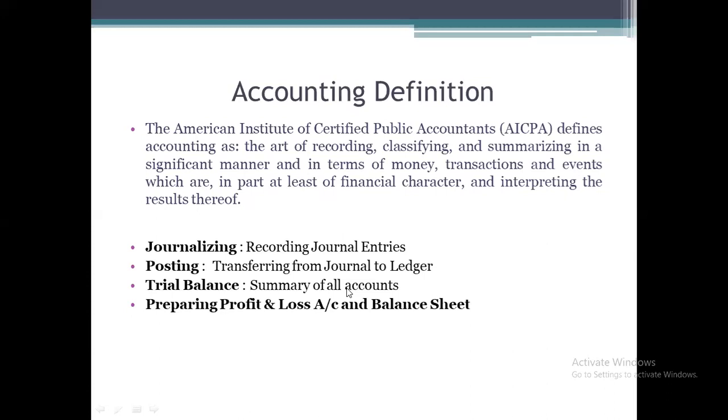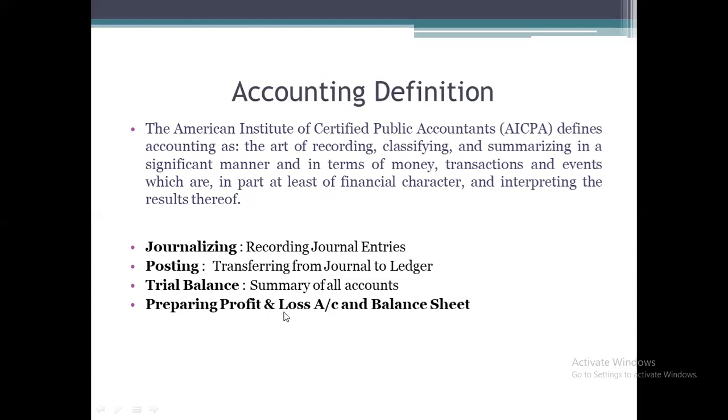No, right? Absolutely. Everybody agreeing to that? No, because it is just a summary. It is telling me what the ending balances are. So I don't have anything there to talk about. So in order to know the financial statement, or the profitability or the loss, or the financial state of my business, as a last step, I'll prepare my profit and loss account and balance sheet.